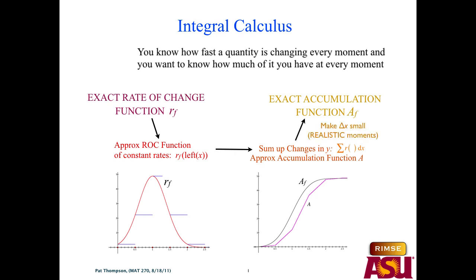So if we make delta x small, then we get this idea of an exact accumulation function. Exactly how much has happened because of the rate, by using not just like 3 or 4 or 5 different rates from the curve, but the idea of every single rate, every single point on that rate curve has been used for a little tiny infinitesimal amount of time, dx in general.